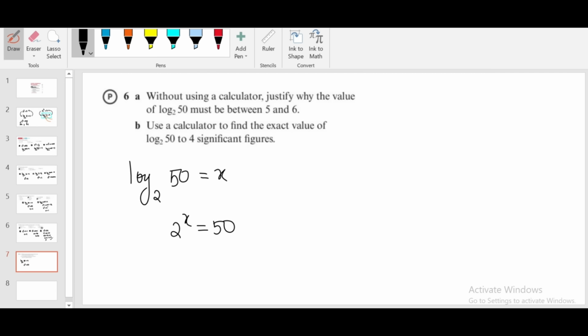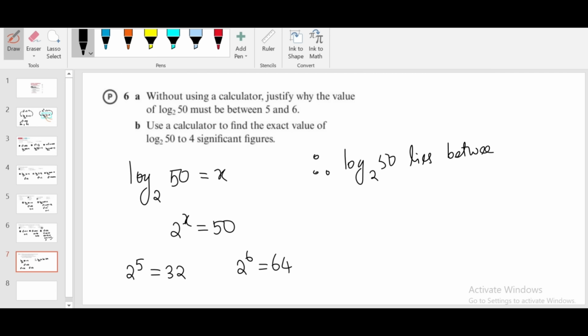If you find 2 power 4 is 16, 2 power 5 is 32, 2 power 6 is 64. So definitely the value of x is between these two, right? So you need to write, therefore, log 50 to the base 2 lies between 5 and 6. Understand? Okay.